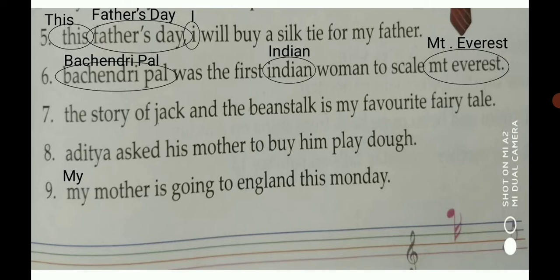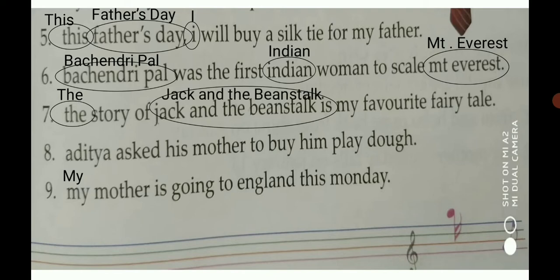So here, how many changes will be there? Then Jack and Beanstalk. So we will write T capital and then Jack and the Beanstalk. First letter of Jack, Beanstalk B. Right.